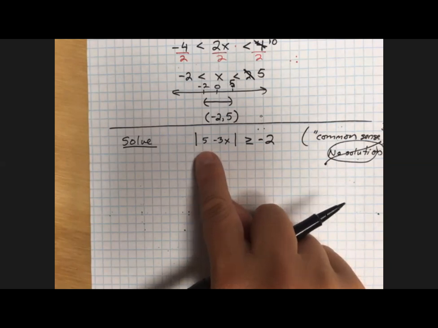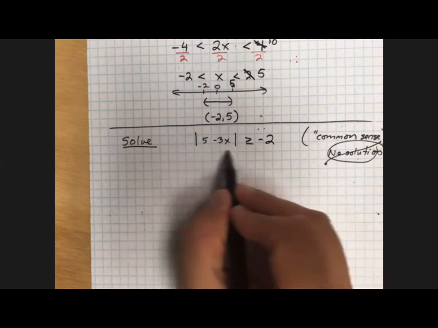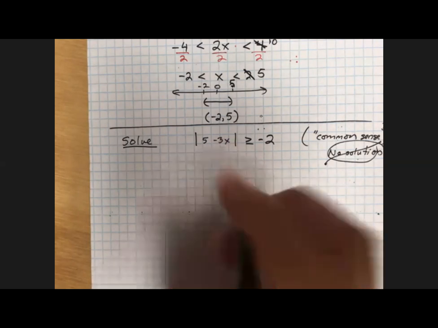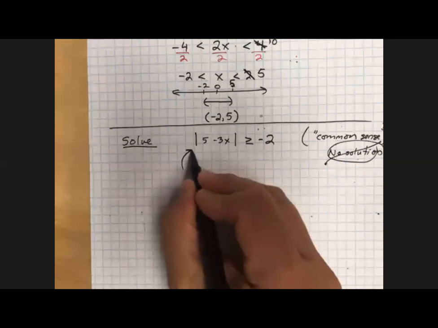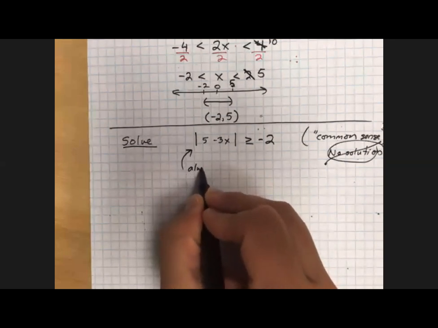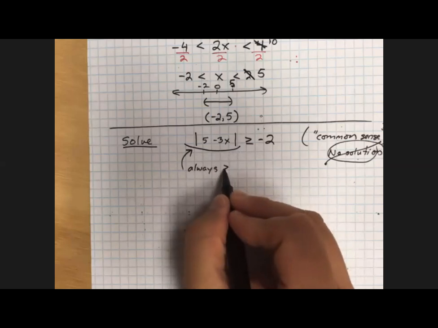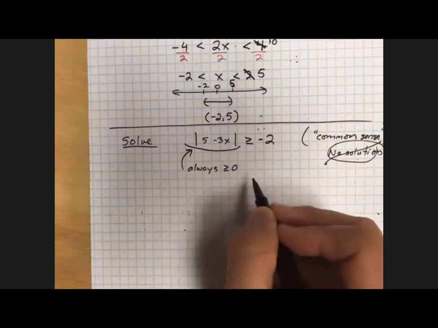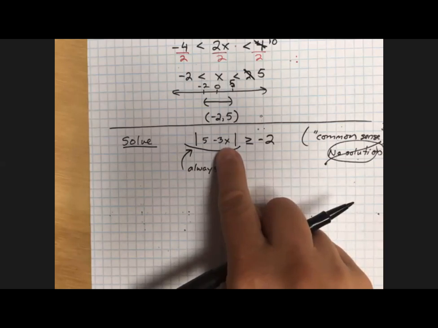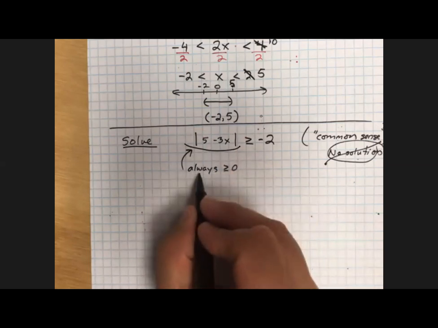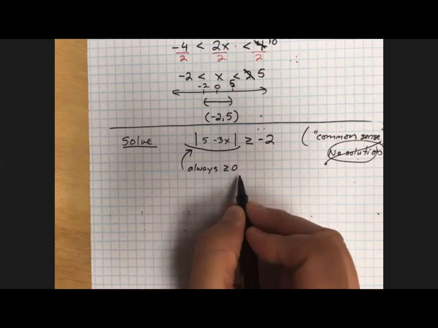But what's the very lowest number I could have over here on the left side? I don't care what you put in there. This thing right here is what? Always greater than or equal to 0. Right? You can plot numbers in here all day long if you want, but the absolute value sign is going to give you an answer that's what? Always greater than or equal to 0, right?